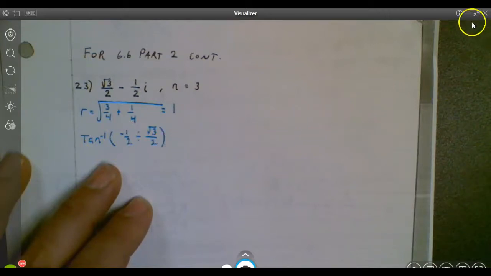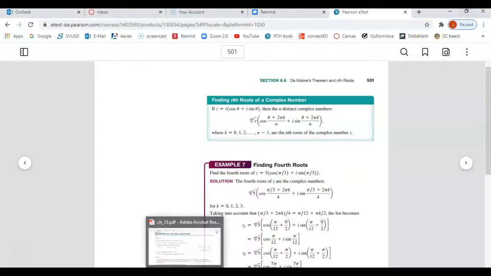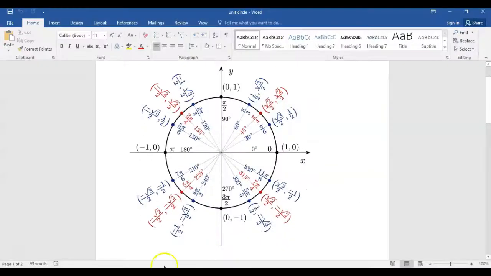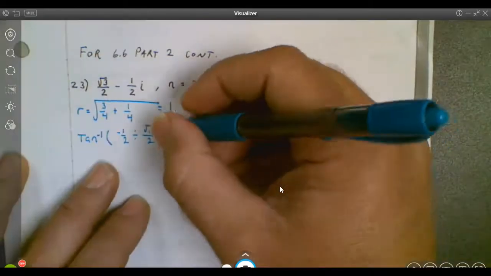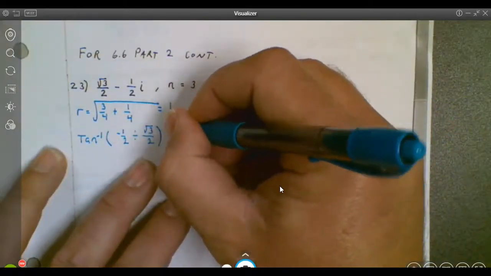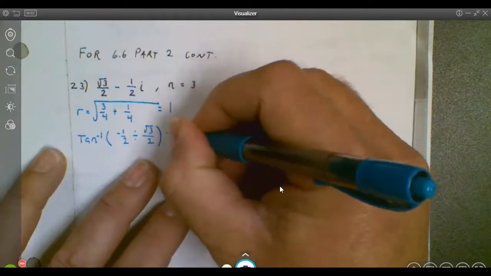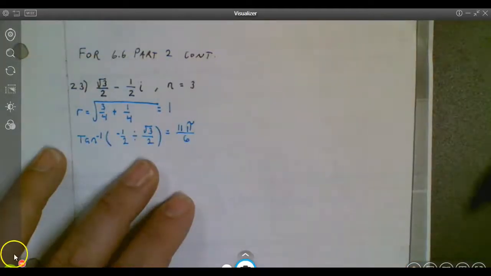So negative 1/2 divided by rad 3 over 2 in quadrant 4, right? This is y over x. That's how we get tangent. So I know I'm looking at this angle right here, which is 11 pi over 6. So there's our angle for theta.